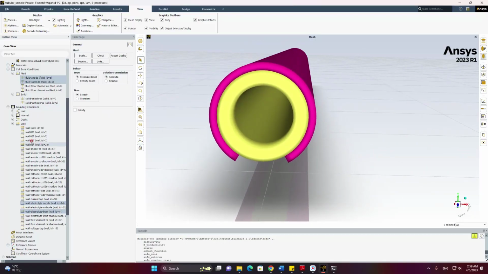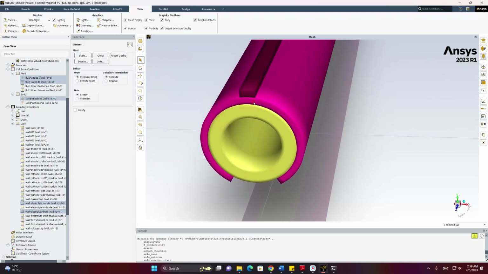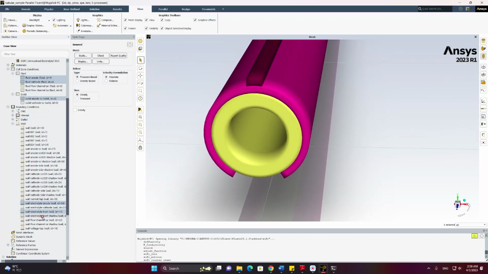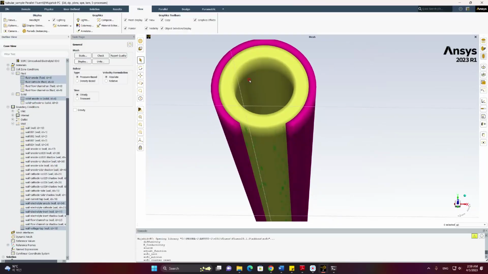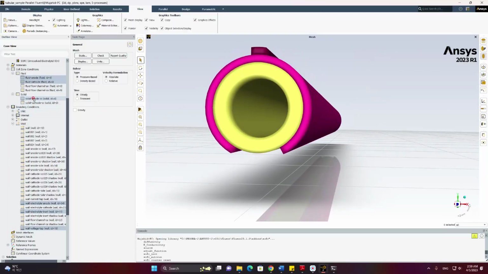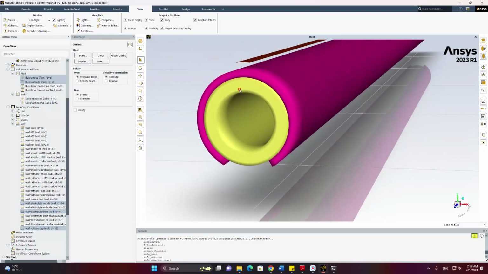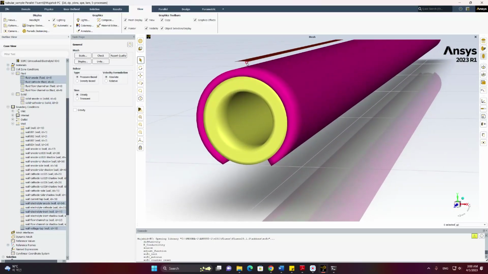Now the main part is the current collectors. If you go to the solid anode current collector and display it, it is on the top. Now one very important thing is to get the voltage tap surface. See, at the top of the anode, this is the surface that is actually generating the voltage.